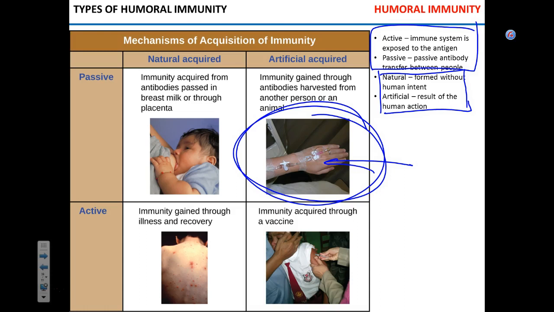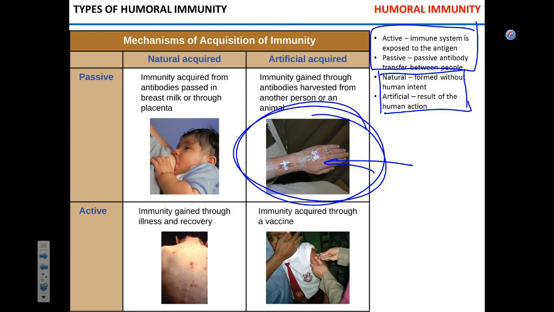Okay, they're in the system, they will stop the microorganism. Antivenin, the drug that blocks the action of the snake venom. Antibodies, the passive artificial immunity. Does that make sense? So it's passive. You just receive antibodies, and it's artificial because somebody else injects them to you.